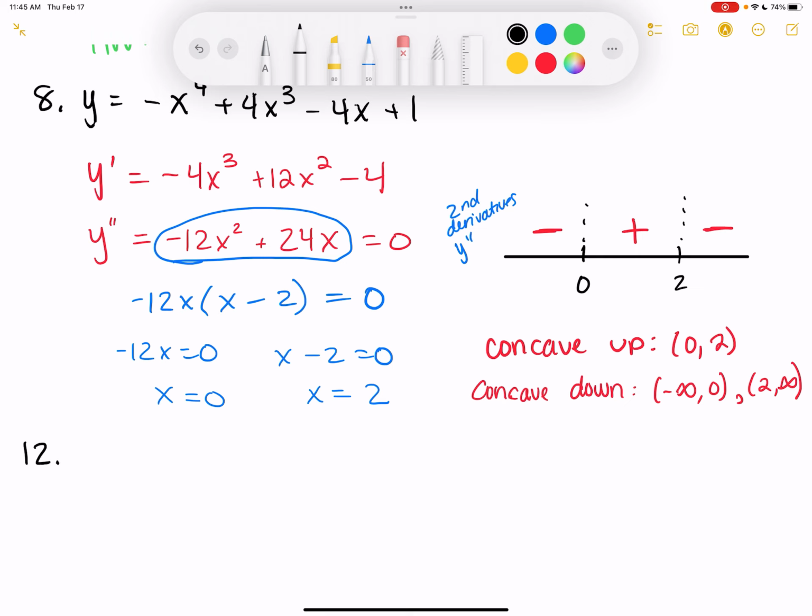All right, 12. y is equal to e to the x for 0 less than or equal to x less than or equal to 2 pi.